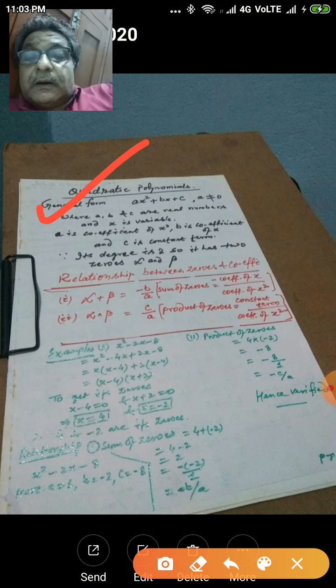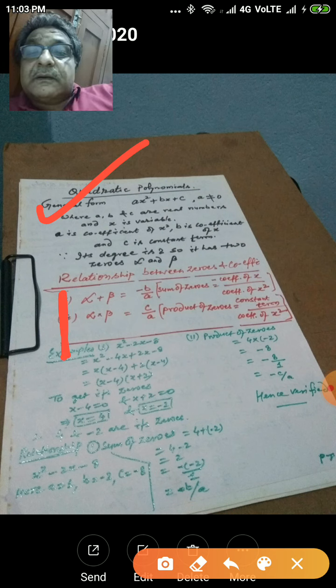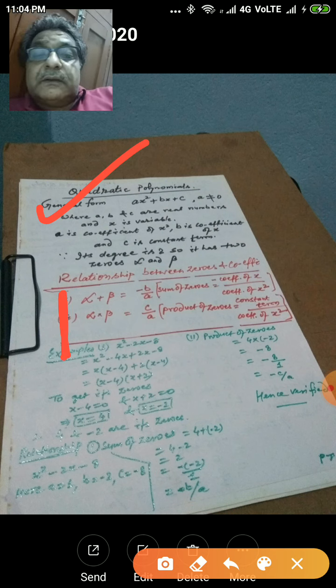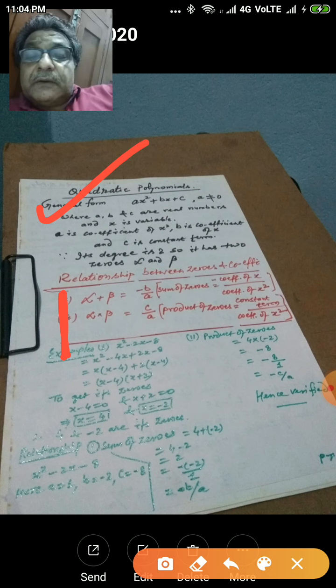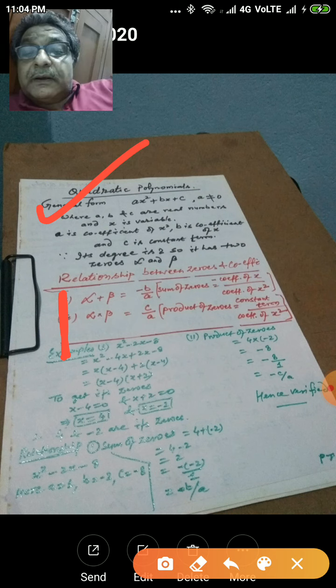Okay students, now what are the relationships which exist in case of quadratic polynomial? There are two relations. First is alpha plus beta, which is actually sum of zeros, and it is equal to minus b by a. So we say sum of zeros is equal to minus coefficient of x divided by coefficient of x square.